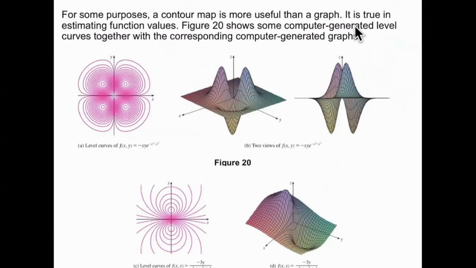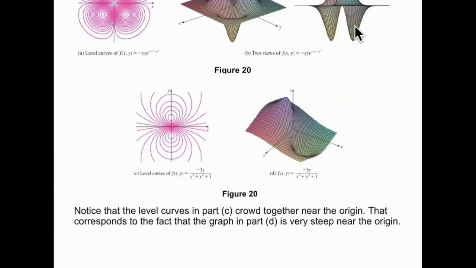As you can see here, the level curves here are dense. You see the graph over here is steeper. And here the level curves are further apart. And you see the graph over here is flatter. Similarly, over here, the level curves are very close to each other.